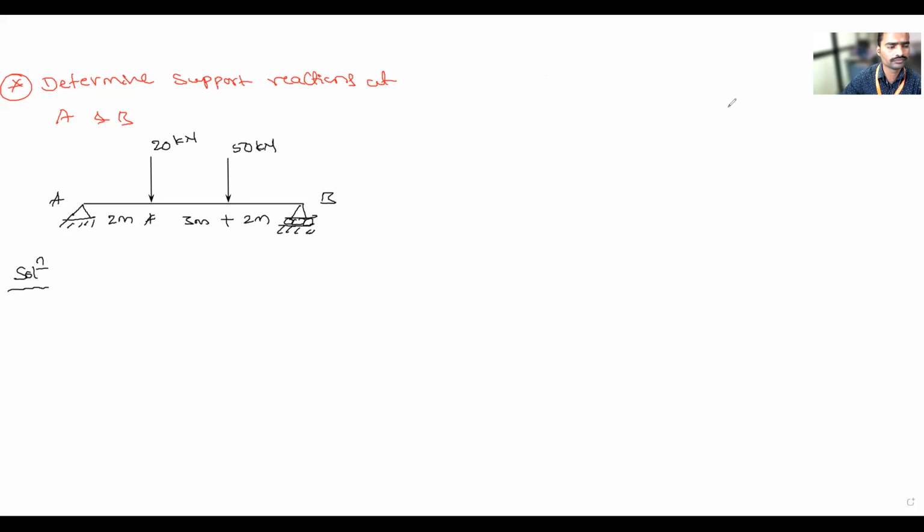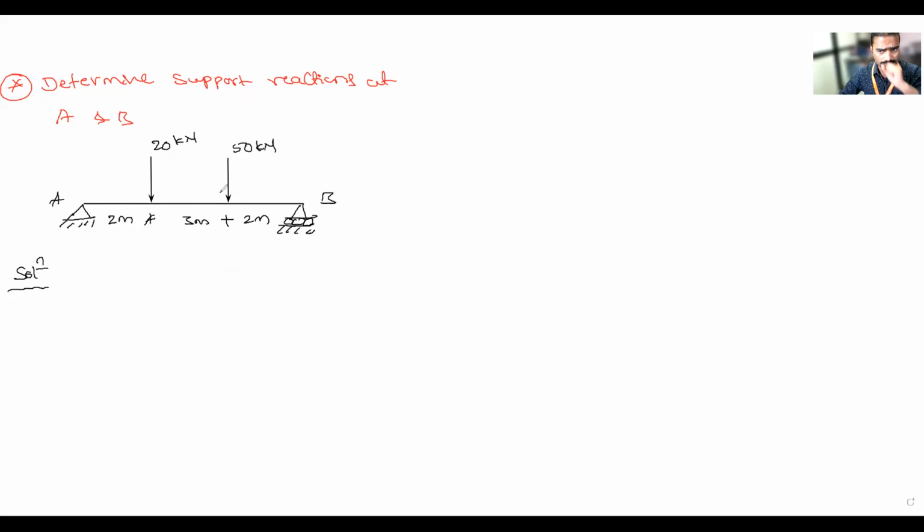Have you taken it? Yes, sir. So in the exam, it will be given like this. Determine the support reactions. So he will give a beam and different types of loading, and you have to determine the support reactions.